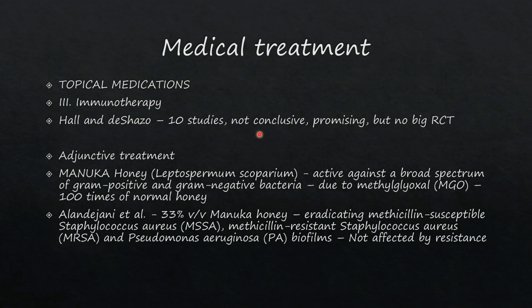So Manuka honey, which is found in New Zealand, has broad spectrum action against many organisms such as gram positive and gram negative bacteria, and this is because of the presence of methylglyoxal. Methylglyoxal is the active agent, and Alandejani found that 33% weight by volume of Manuka honey works against biofilms of Pseudomonas, methicillin resistant and methicillin susceptible Staph aureus.